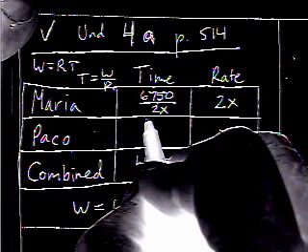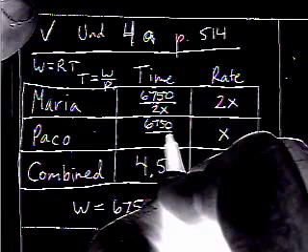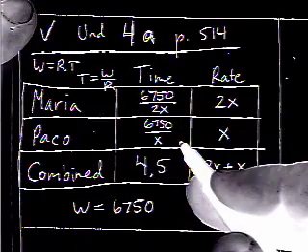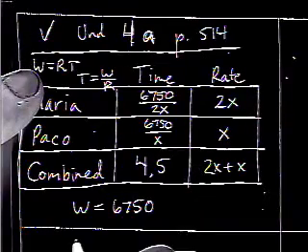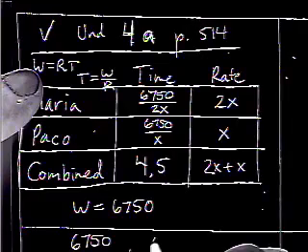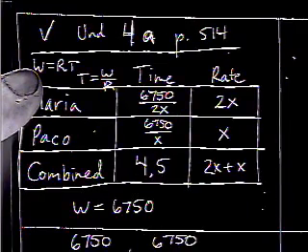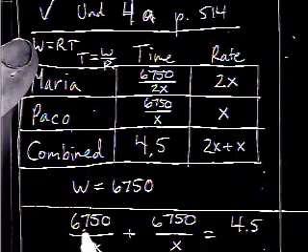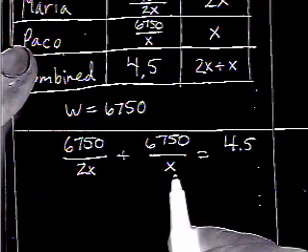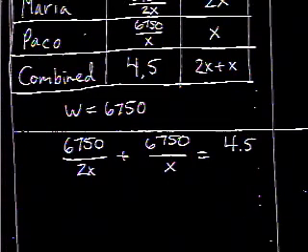And the 6,750 divided by Paco's rate. And then if I add those two things together, I'm going to get 4.5. So 6,750 over 2x plus 6,750 over 1x equals 4.5. This is a time, and when I add those two times together, I get 4.5.